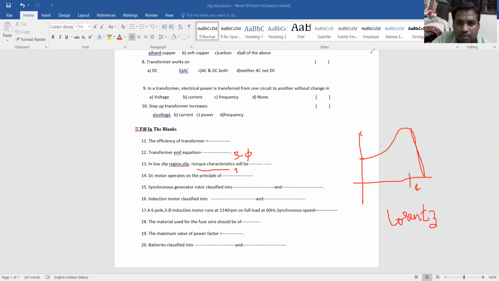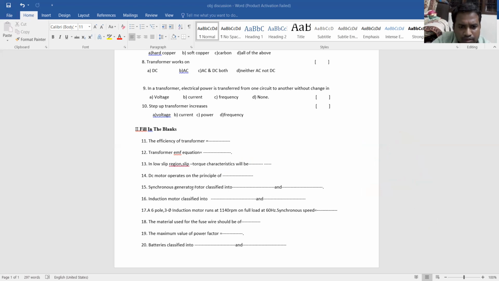Okay. Now coming to the 15th one, synchronous generator. The synchronous generator rotor consists of what? You have two types of rotors in the synchronous generator, or alternator as we can call it.